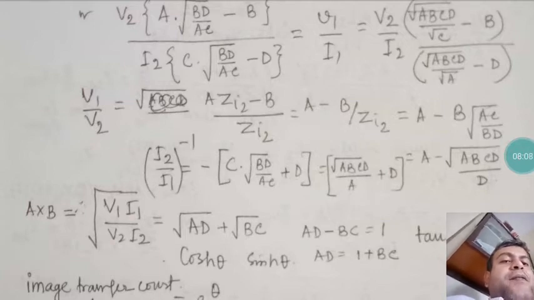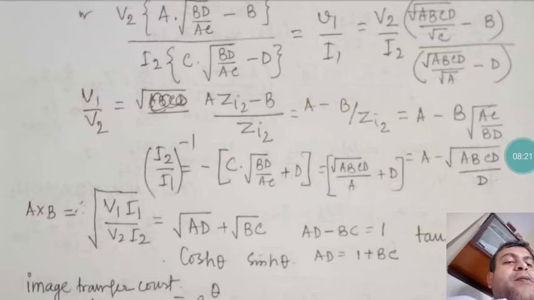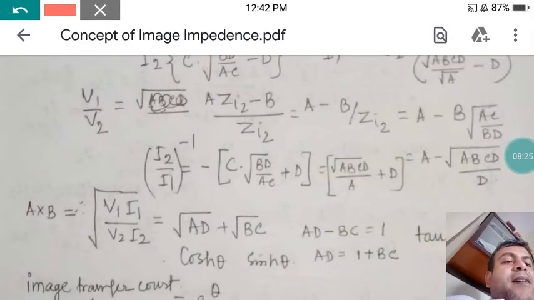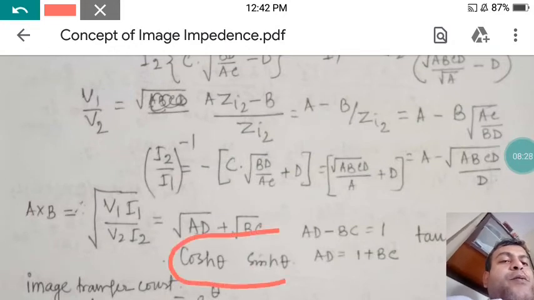If you write that A cross B pattern, it should be root over AD plus root over BC. It is like cos theta and sin theta, but it is a hyperbolic function, so I just write cosh theta and sinh theta. So finally the term comes as a summation of those two terms.